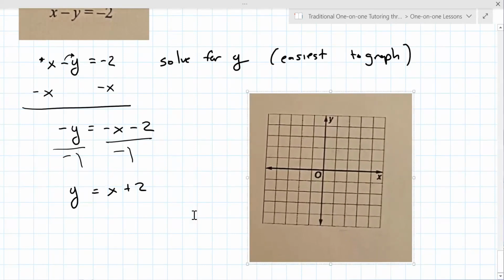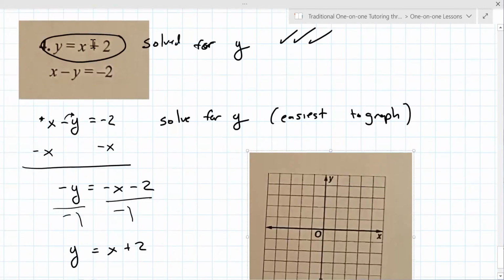This was the second equation. What was the first equation? y equals x plus 2. So they're the same. Do you see that?